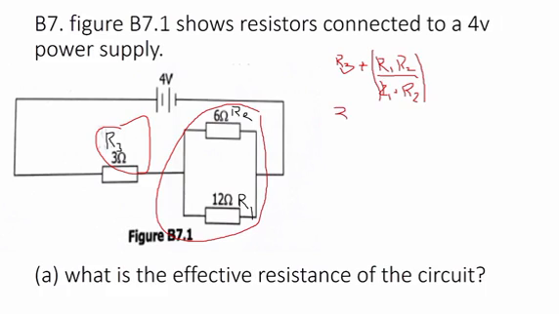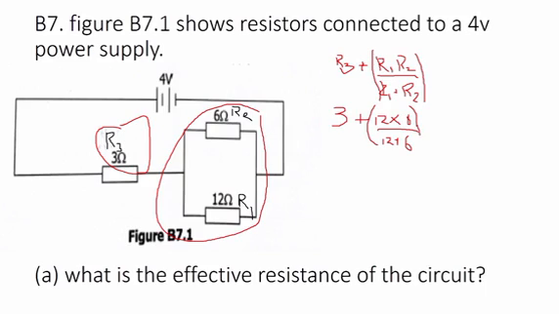Okay, so we are going to say 3 plus. Okay, so we can work out this. So our R1 there, we are saying 12, we have multiplied by 6. And then here we have 12 plus 6.